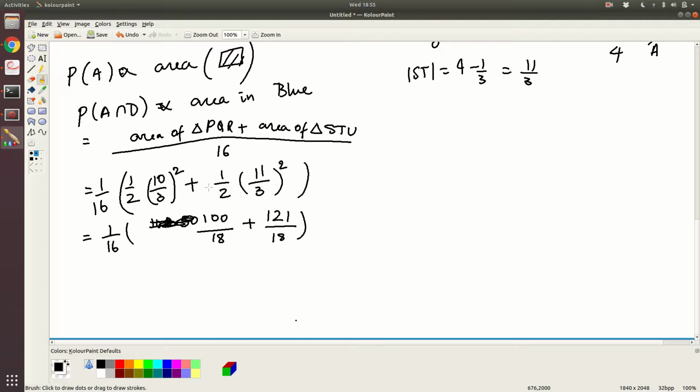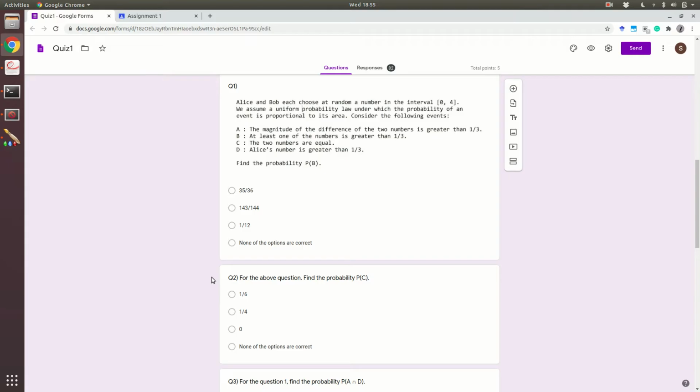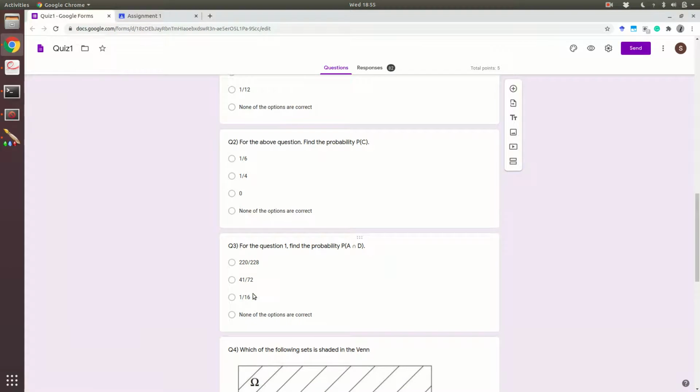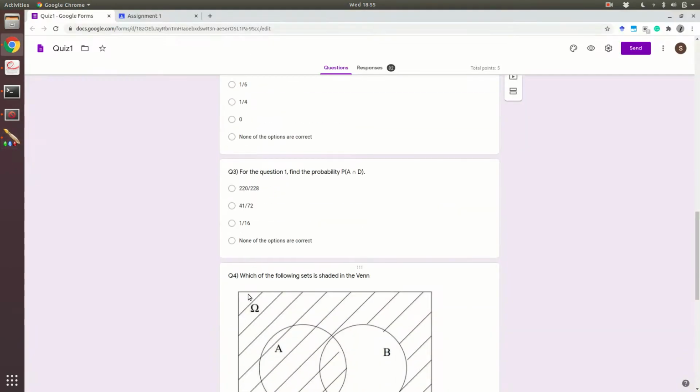So this will be 1 over 16 into 221 by 18. Now 16 into 9 is 144, so 16 into 18 is 288. So this is 221 divided by 288. So this is the answer for the third one. This is the area of A intersection D. That is not an option given, so none of the above is the correct answer.